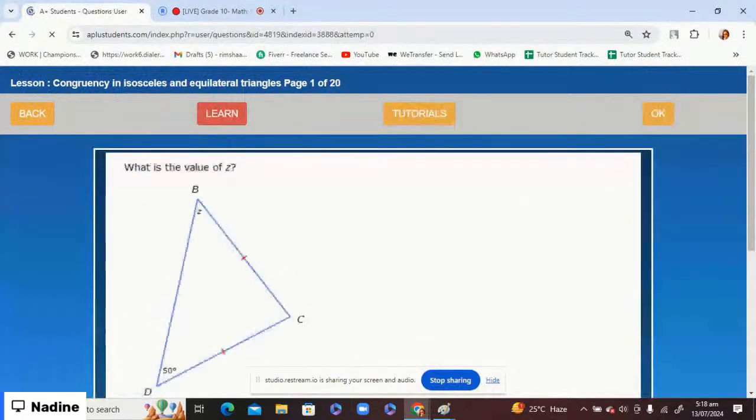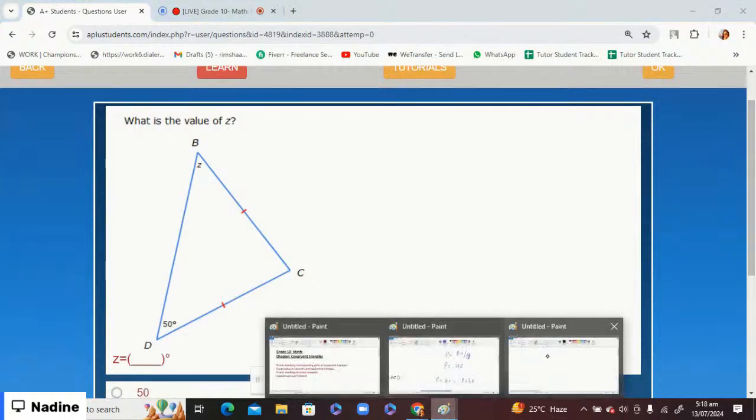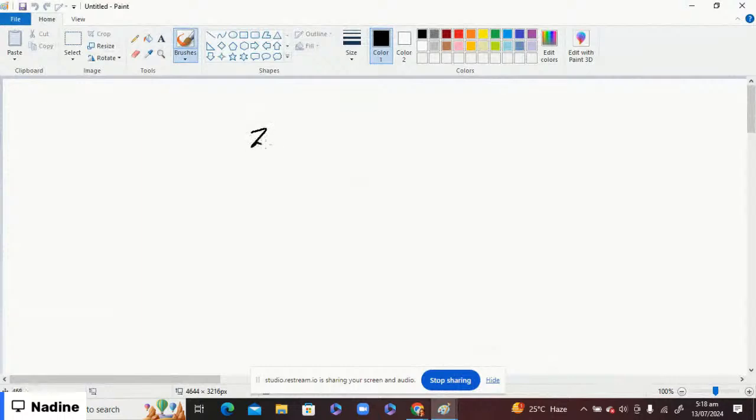Let's do some test questions. Let me just ask you what is the value of z. One value is given, that is 50. Let's solve it. Angle z plus angle z plus 50, it's given, is equal to 180.